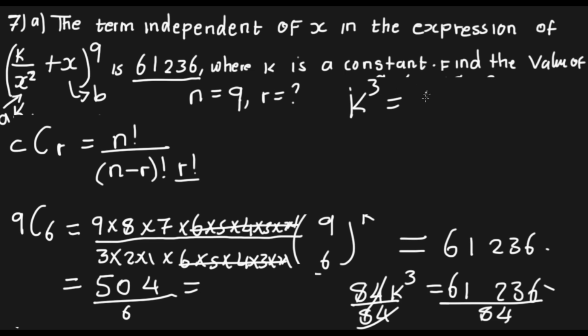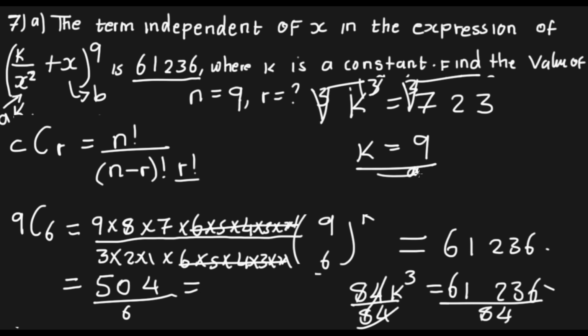I'm getting 729. Then we take the cube root of both sides. So what's our k? If you use the calculator, it is just equal to 9. So this is our final answer.